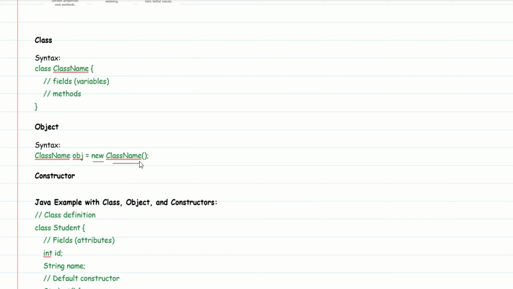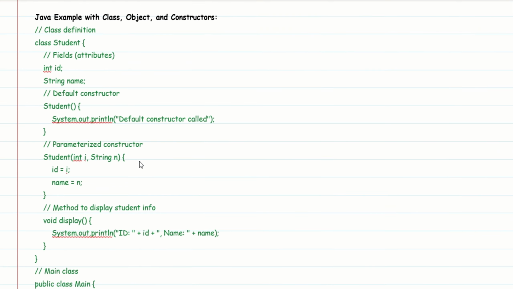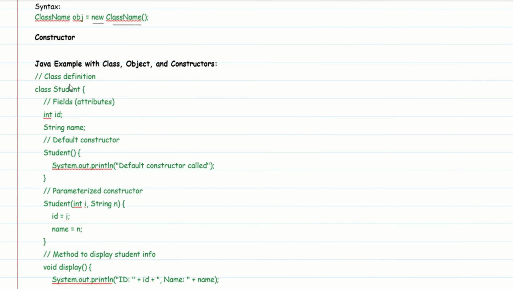If you don't create a constructor, the compiler will take care of it, but the compiler will not write a default constructor if you define one on your own. A constructor with no parameters is called a default constructor, and one with parameters is called a parameterized constructor. Here's a simple example which contains a class, object, and constructor.